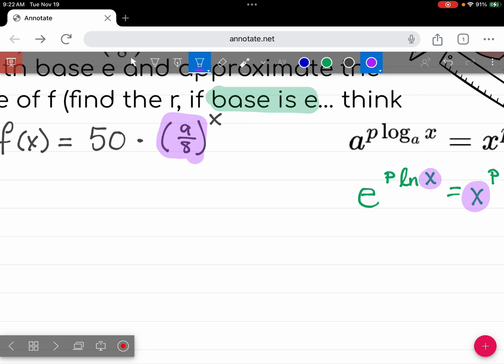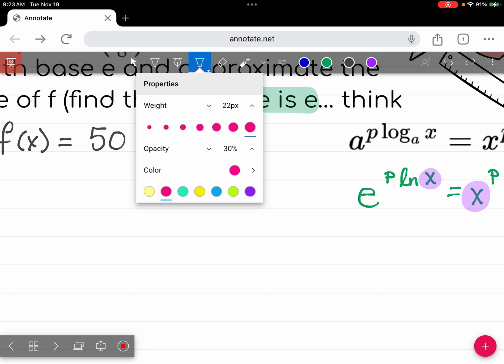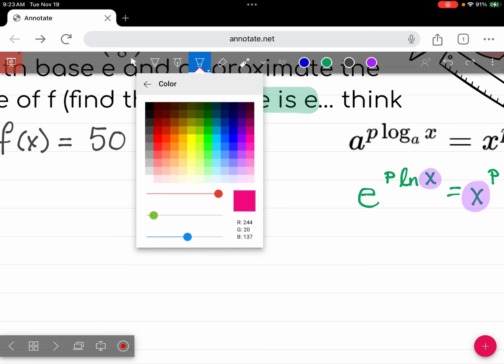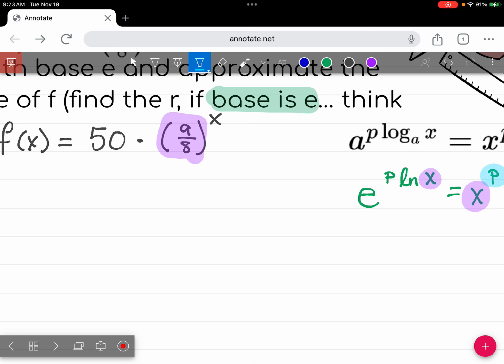So that's going to wind up here in this exponent. And whatever the power is I had here, this guy here, that's going to become the number in front. I don't like that those are so close together color-wise. Let me get a different color. There we go. That's a better different color.